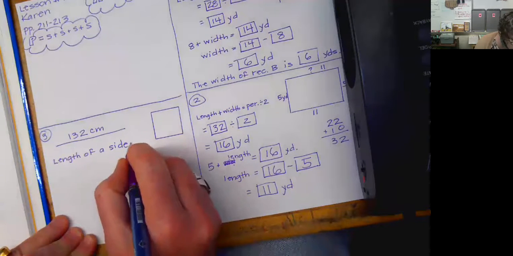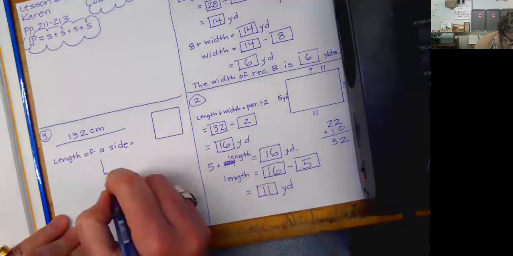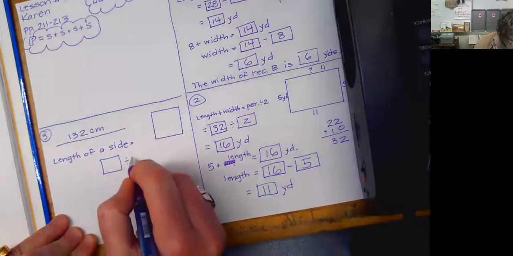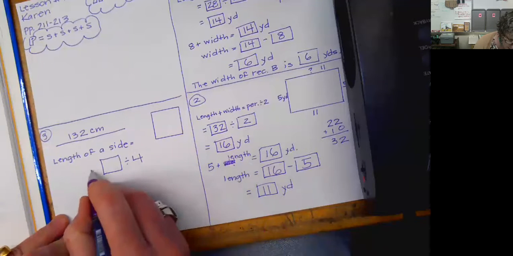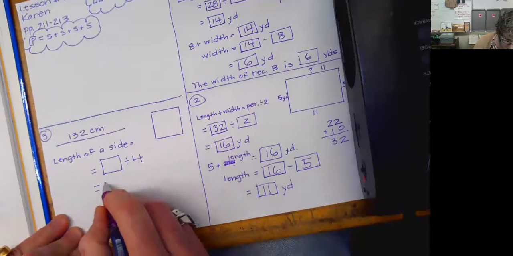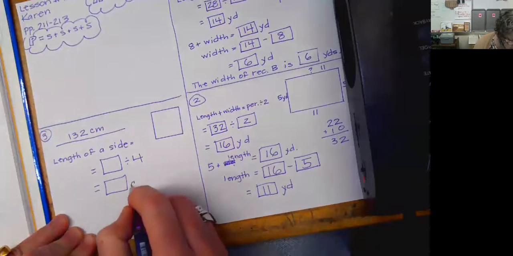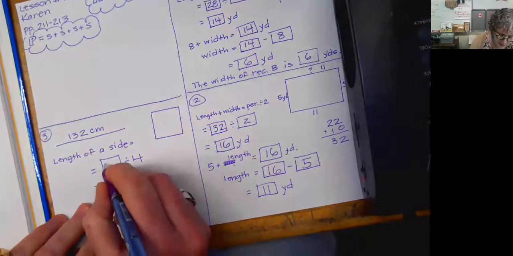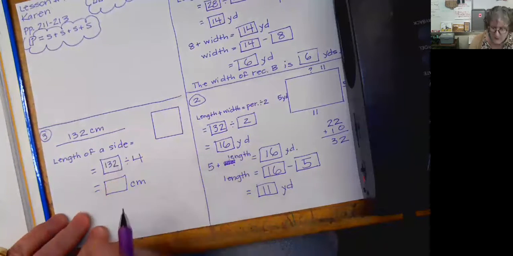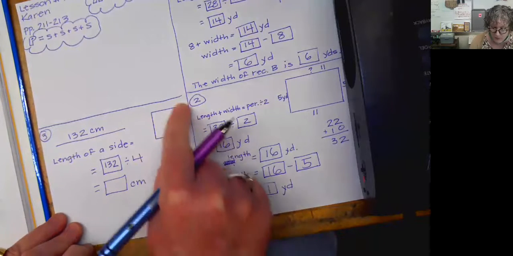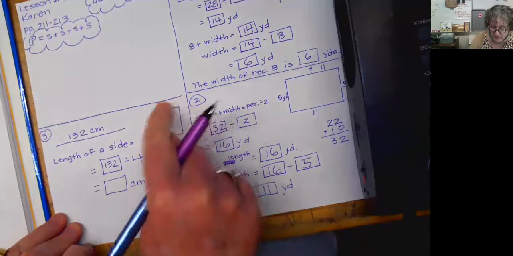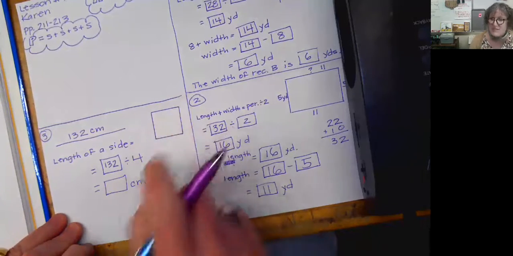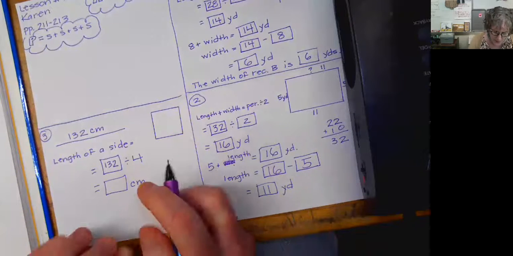So we know that the length of a side equals green box divided by 4. And that equals green box centimeters. So if I take 132, divide it into 4 equal parts, that's going to give me the equal measurement. Because it's a square, they're all going to be the same.